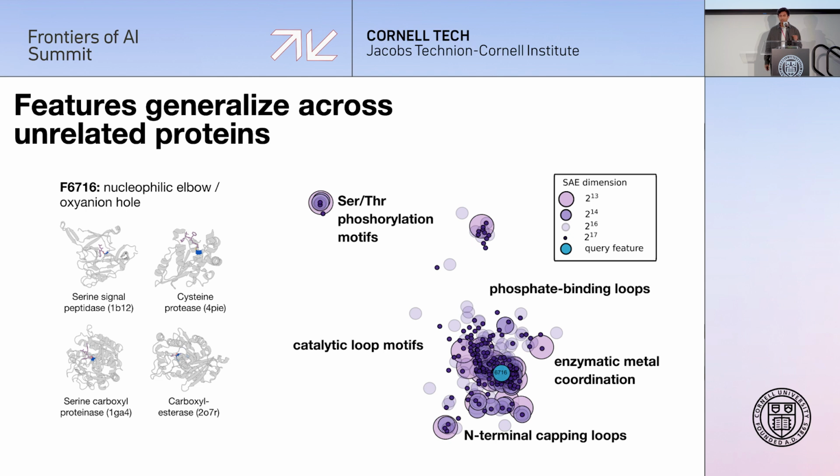We find that ESMC uses a single SAE feature to represent the nucleophilic elbow across evolutionarily unrelated proteins, which suggests that it has an understanding of this protein function that is shared across evolution.